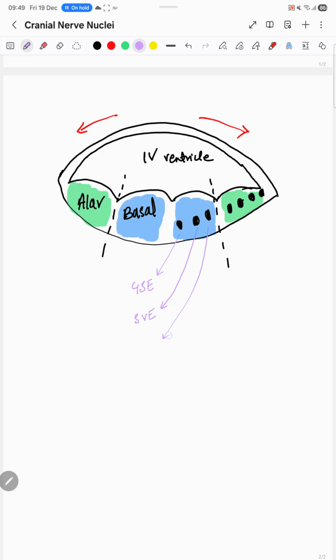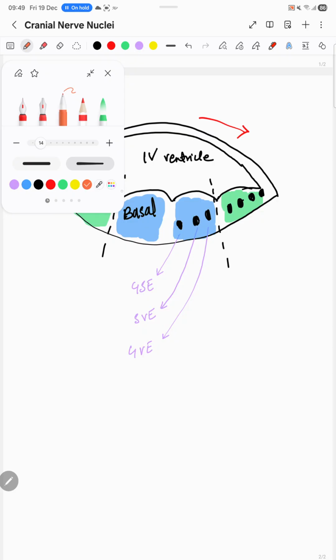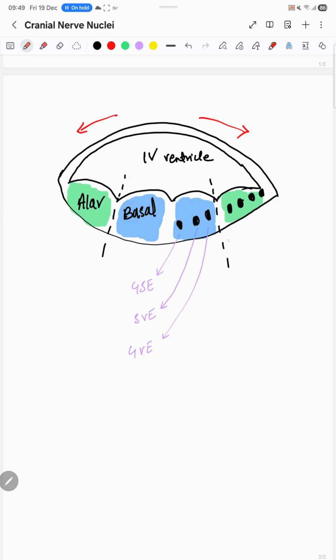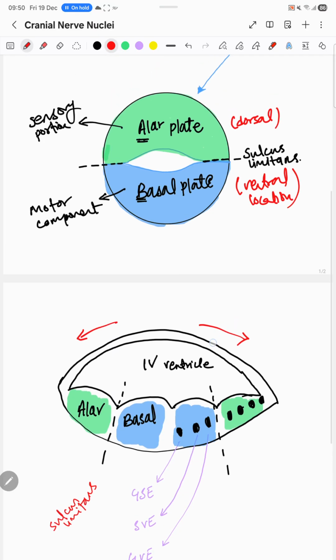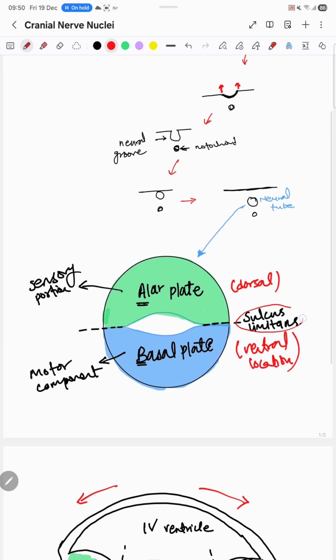This one is the general visceral efferent. Now let's give them a different color. As you can see, these dotted lines, what are these? These are the sulcus limitans, the ones we talked about over here, the ones that separate the alar plate and the basal plate.